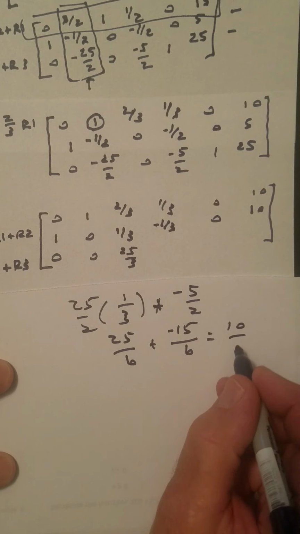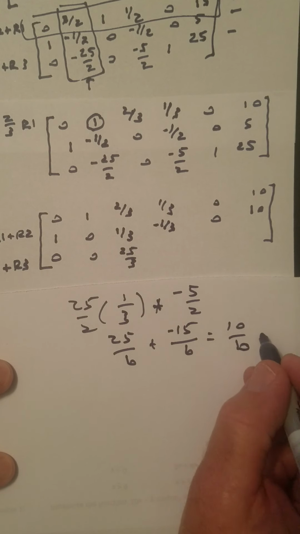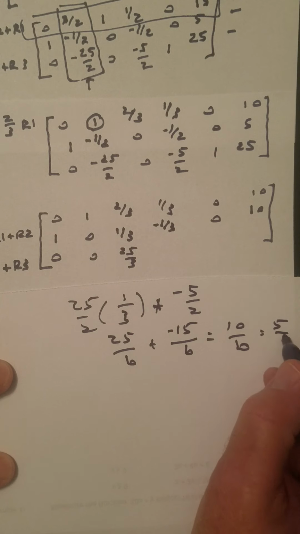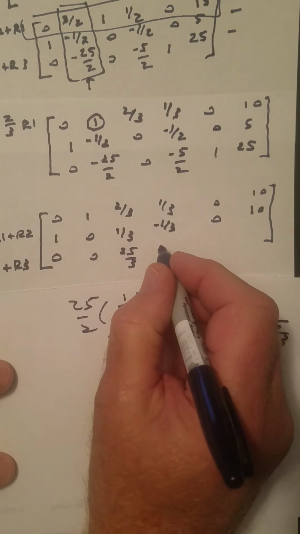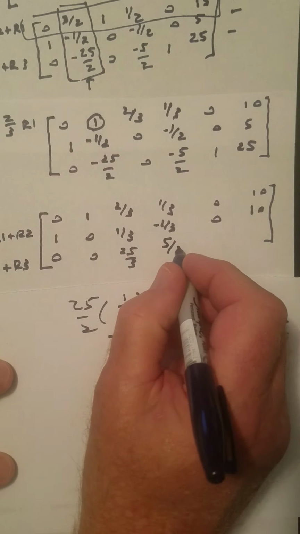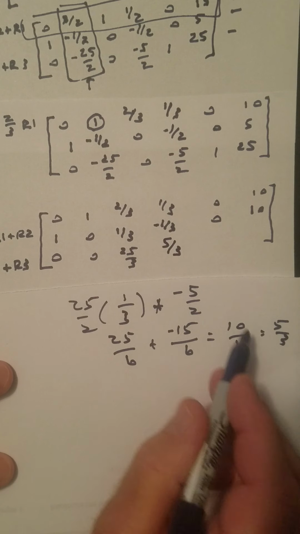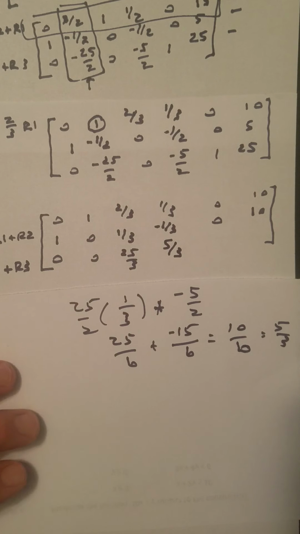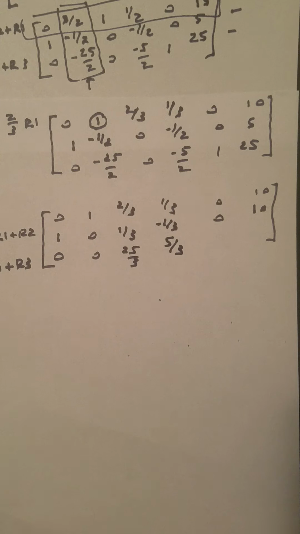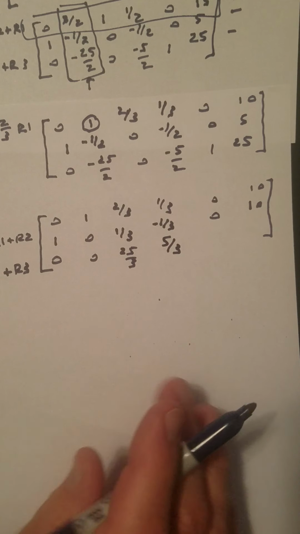So that's 10 over 6, which is 5 over 3. That's what I put here. So when you get the tough ones, just get some scrap paper, come off to the side and do that. Luckily, they're not all like that.